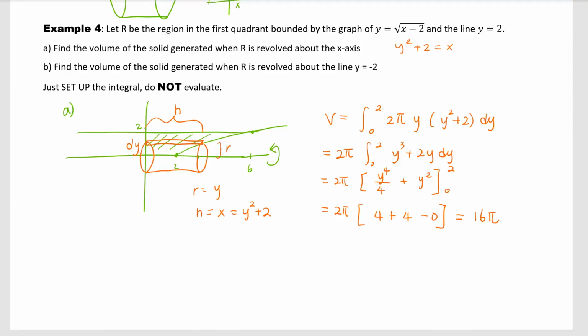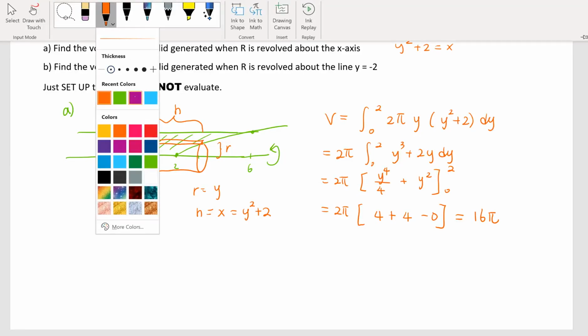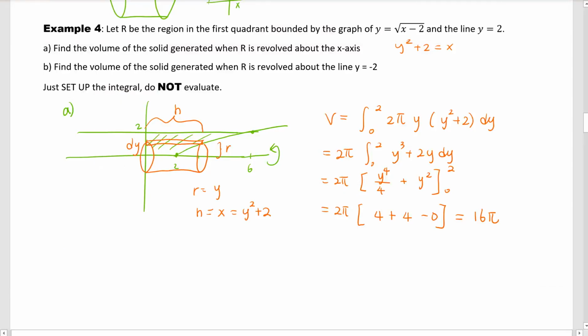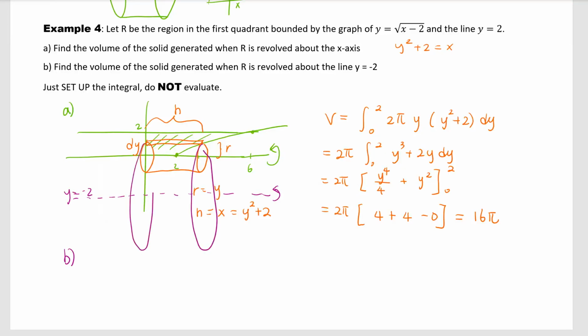So for part B, let me change to a different color. Part B, we just need to set up the integral, not evaluate. We want to rotate about the line y equals -2. Now what happens? We're going to have a bigger circle. My h is still the same, but my r is y plus 2.